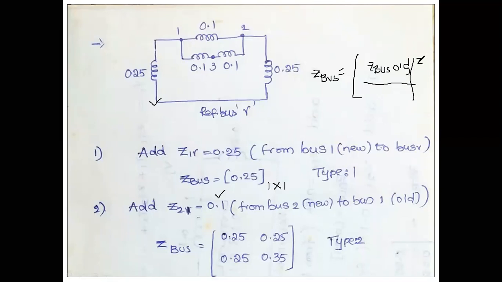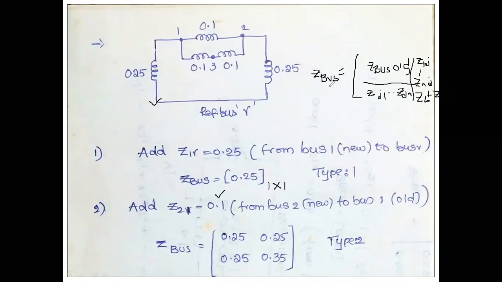So Z1J, ZJ1. Similarly ZJN, similarly ZNJ. Now this is ZB plus ZJJ. Please do remember that.